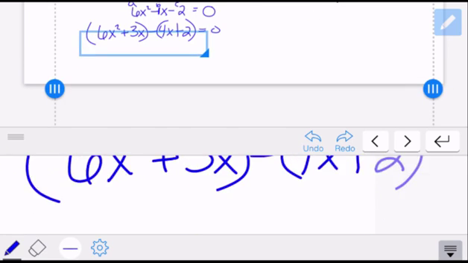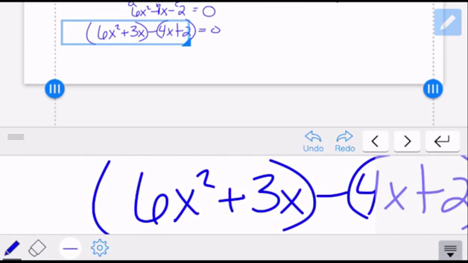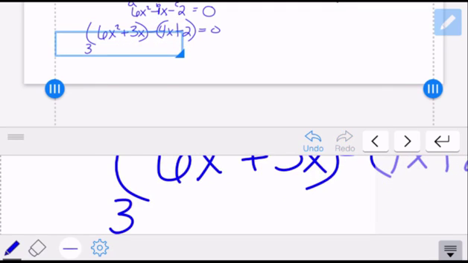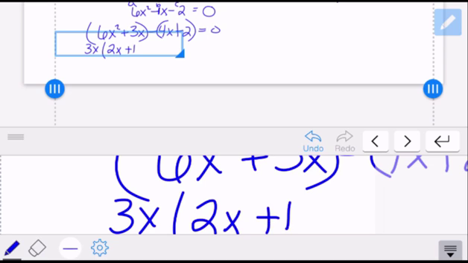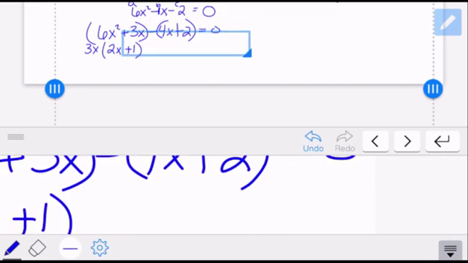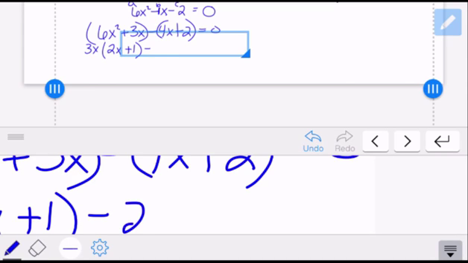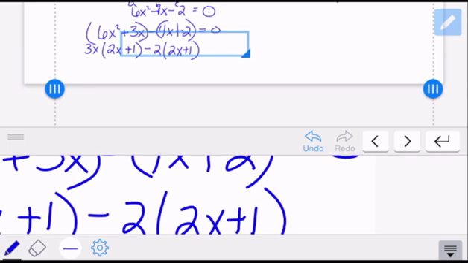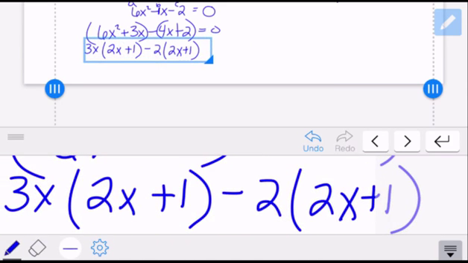So then we factor. I can take out a 3 and an x out of this group, leaving me with 2x plus 1. And I can take out a 2 out of both of these, so I bring down that minus sign that I had, take out the 2, and I would get 2x plus 1, which is great because they match.